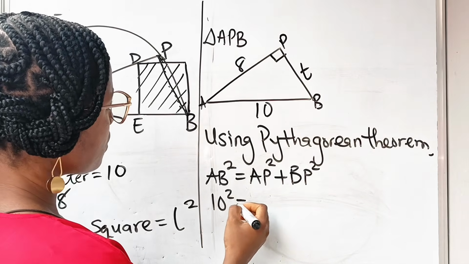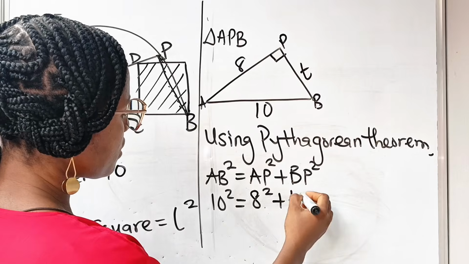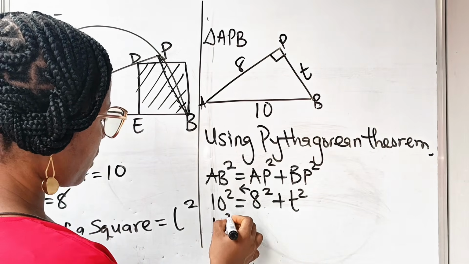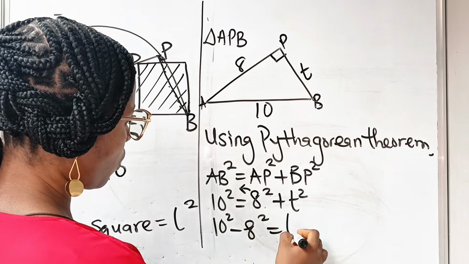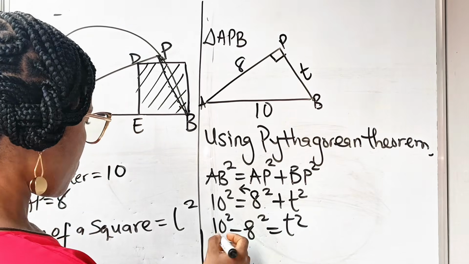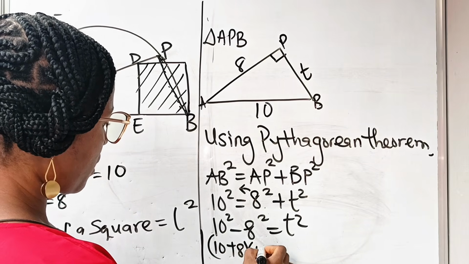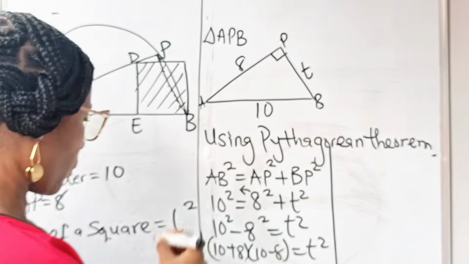So 10 squared will be equal to 8 squared plus T squared. So if this comes here, we have 10 squared take away 8 squared is equal to T squared. This is the same thing as 10 plus 8 multiplied by 10 minus 8 is equal to T squared.